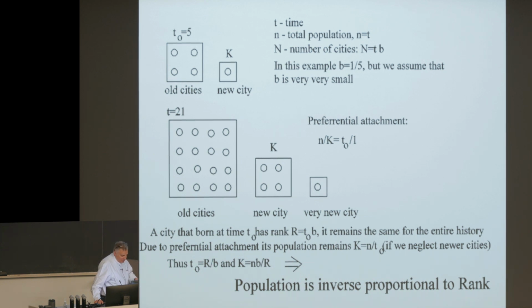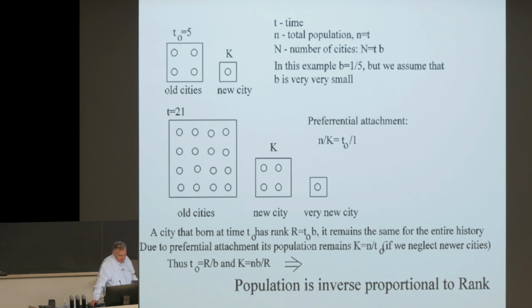The rank of the city is proportional to the time when the city was created, because the biggest city was created a very long time ago, and the smallest city, which has a very big rank number, was created not so long ago.